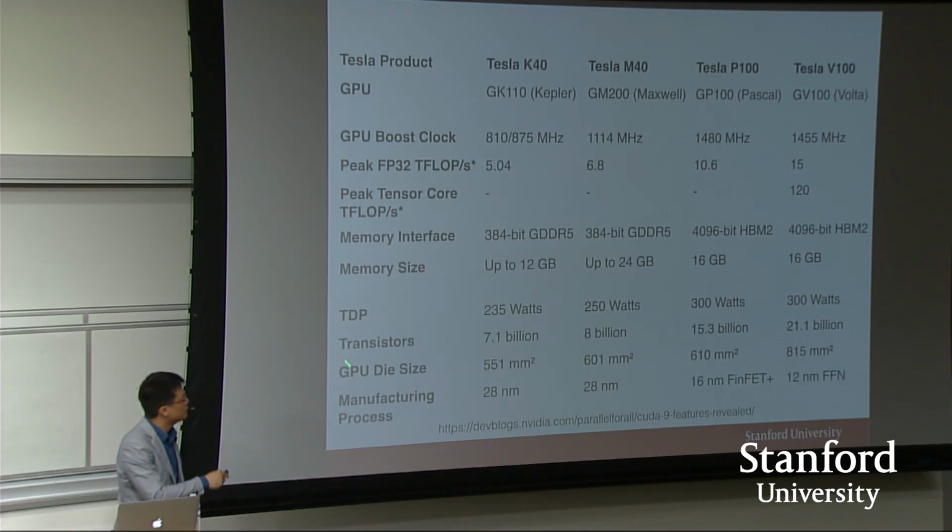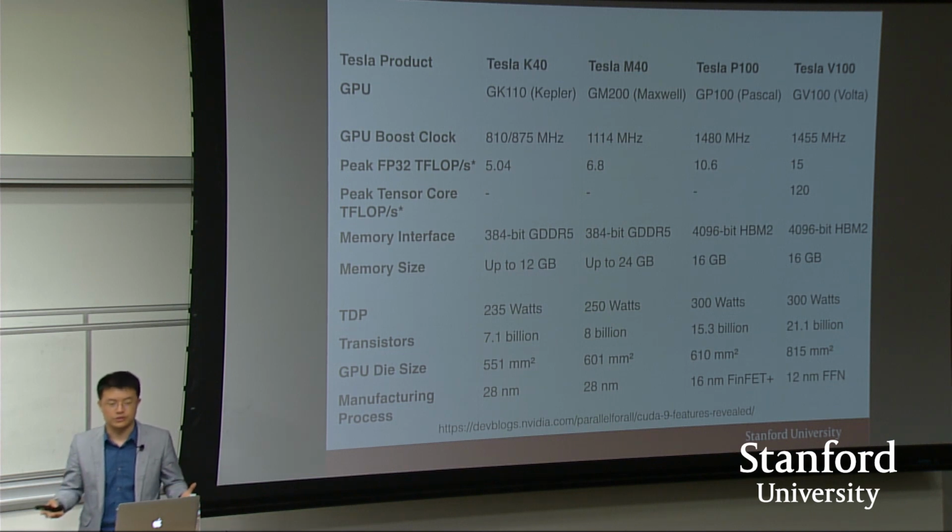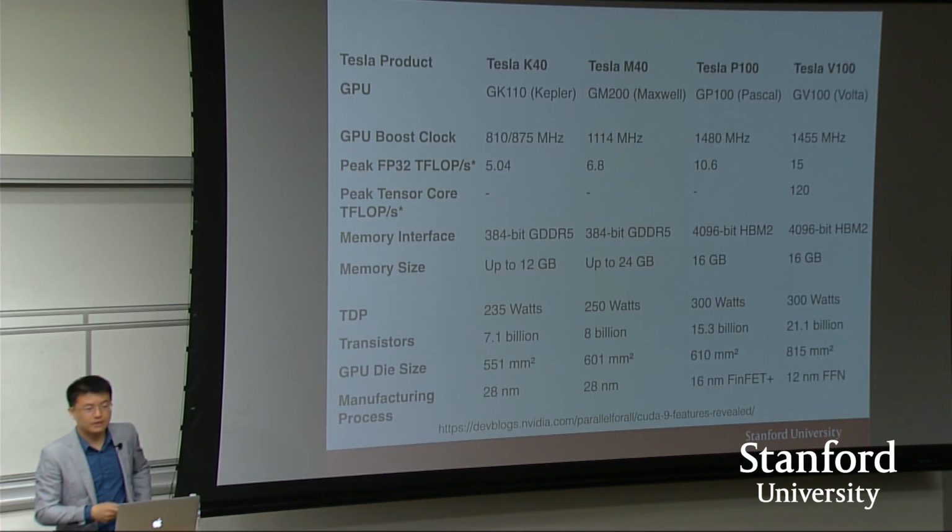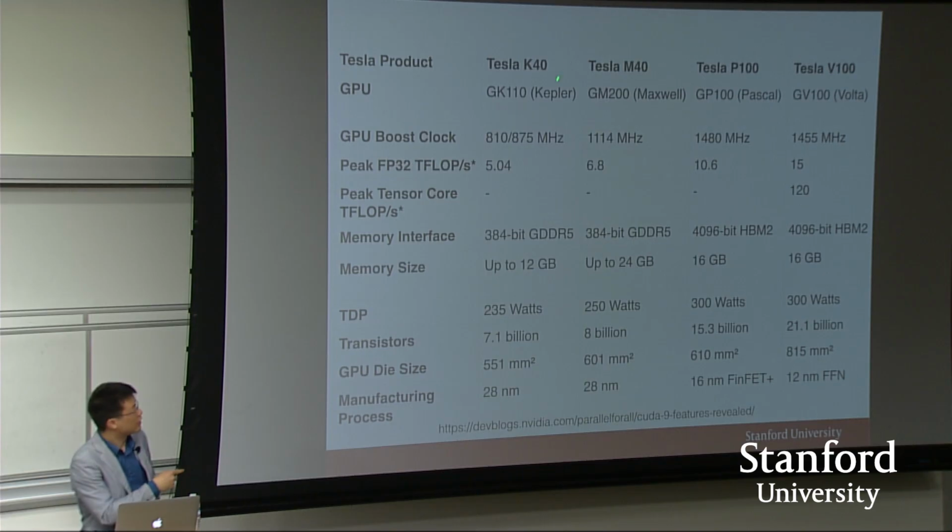Here is a figure comparing recent generations of NVIDIA GPUs, from Kepler to Maxwell to Pascal to Volta. We can see everything keeps improving. For example, the boost clock has increased from about 800 megahertz to 1.4 gigahertz.